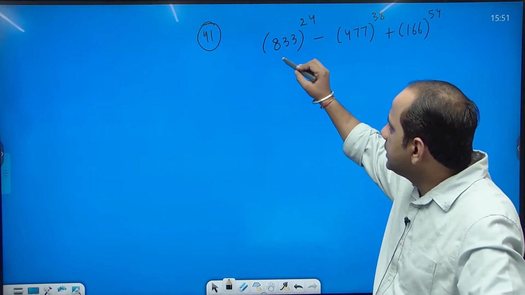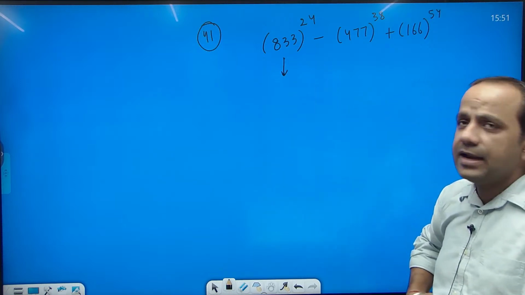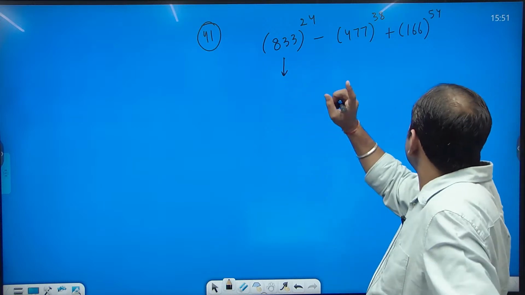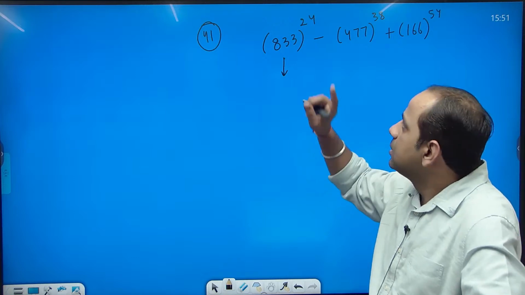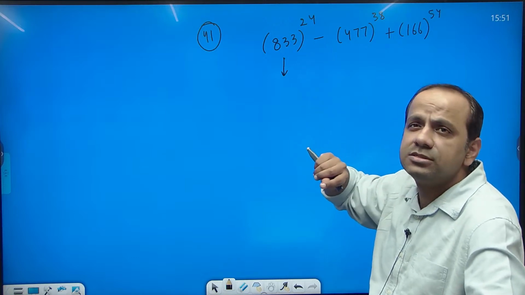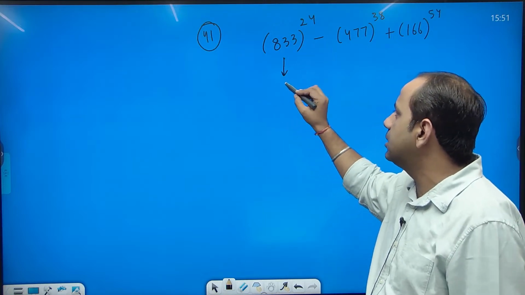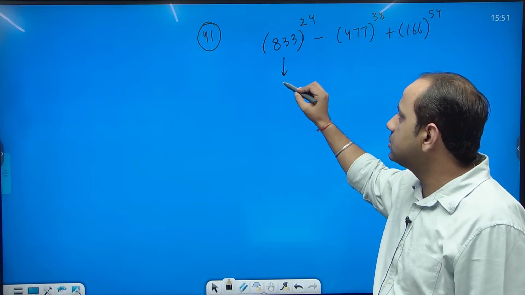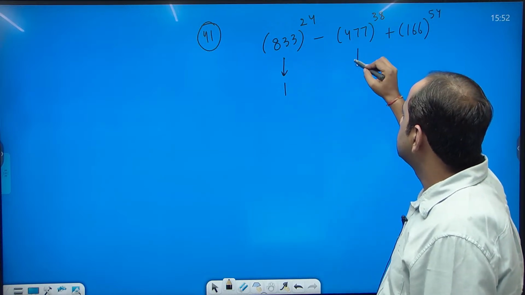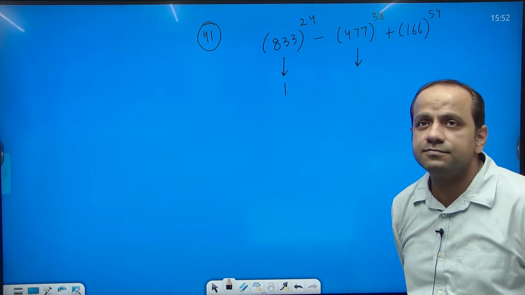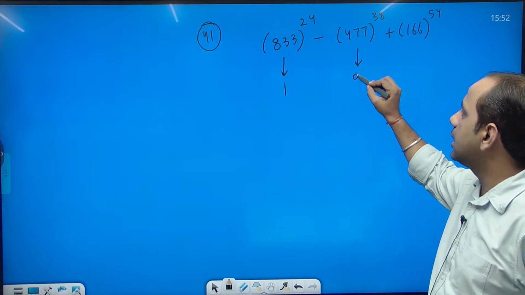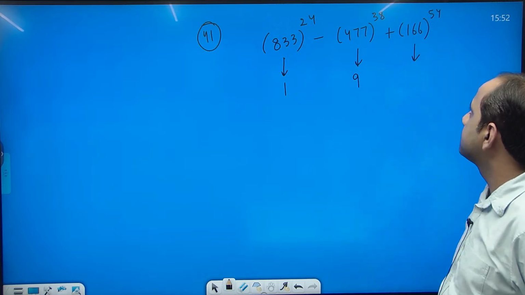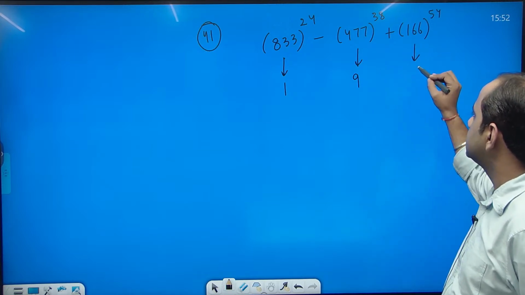Okay. Let's see the unit digit in this case. 833 belongs to which category? First, second, or third? So we have to divide this power 24 by 4. The remainder is 0, and if the remainder is 0, the unit digit will be 3 to the power 4, which is 1. In this case, the unit digit will be 7 to the power 2, which is 9. And in this case it is 6, so 6 will stay.